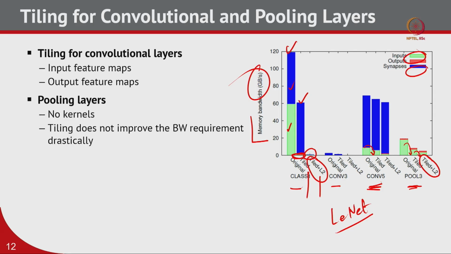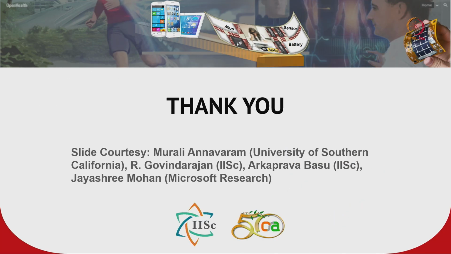If the memory bandwidth requirement is less, that will translate to less latency, and that is the main motivation of the whole course: we will barely touch the machine learning algorithm. We will not do any modification in the machine learning algorithm, but rather we will see how to implement this machine learning algorithm systematically or in a more efficient way, so that the hardware footprint like latency, energy, etc., is less. So, that is about the basics of DianNao.